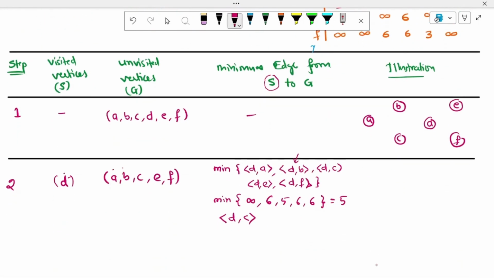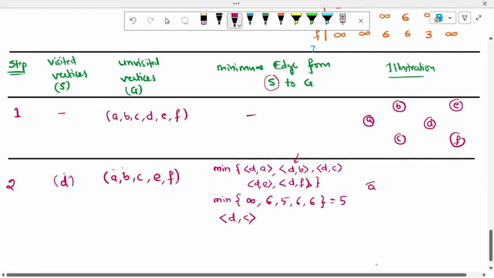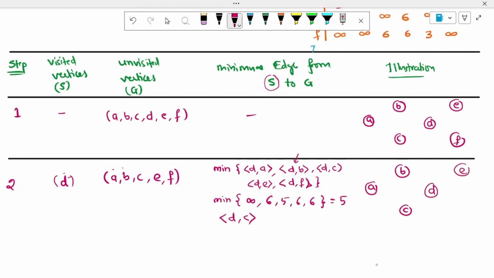So at present I am going to have A, B, C, D, E, F. In this I am going to have D to C. What is the weight of D to C? It is 5. This is the minimum possible, right? Now I'll go to the next step.